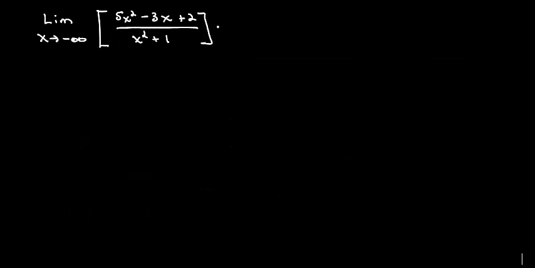Now let's go ahead and take a look at problem C. Again, we're going to divide by the highest power of x, which is going to be x squared. That's going to be our replacement function. Those two functions behave exactly the same way except at 0. The first function is defined at 0.